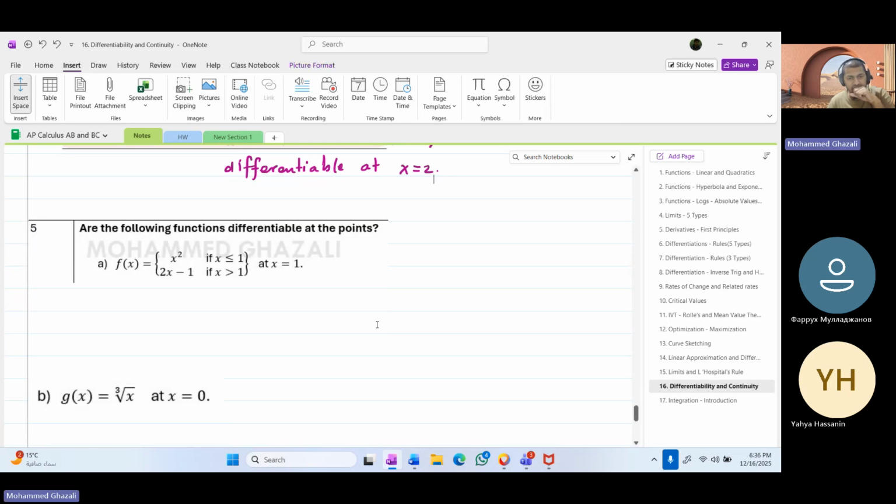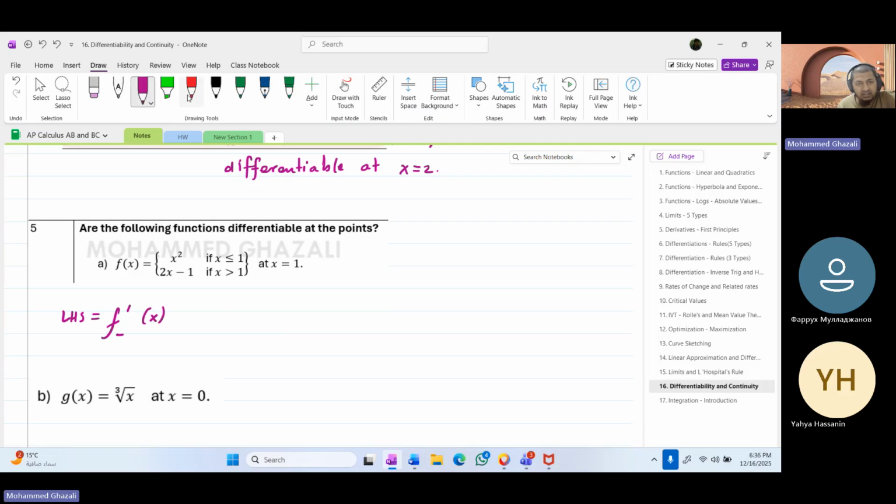Are the following functions differentiable at the points? We're going to say left-hand side derivative. Remember, we are approaching at 1. Left-hand side is f prime x from the left. At x is equal to 1, put a vertical line, a substitution line.